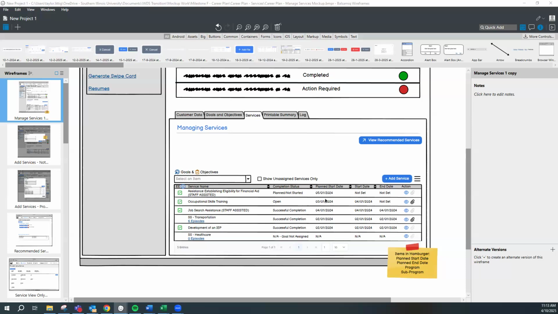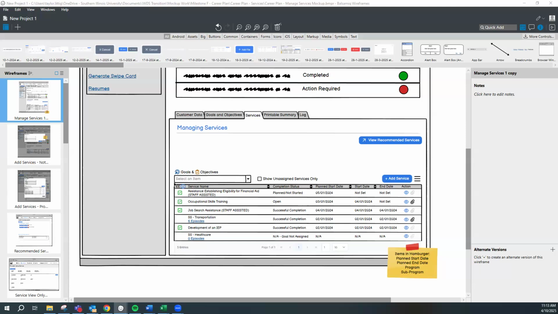You had planned to start it, and kind of keeping track that way. I know it's different from what you've seen in IWDS, but this is a way for you to fully develop the career plan with the customer and be able to say, here's the 10 services that we've identified that you need to be successful to complete all of your goals and objectives in this program.